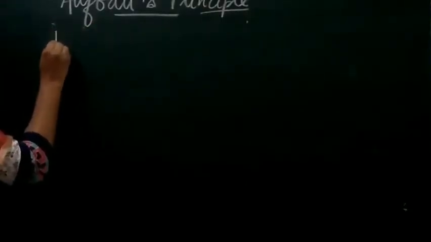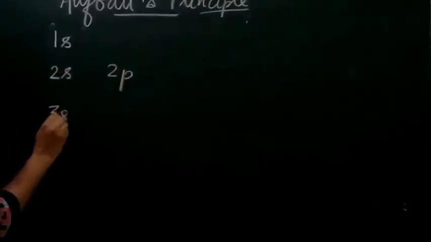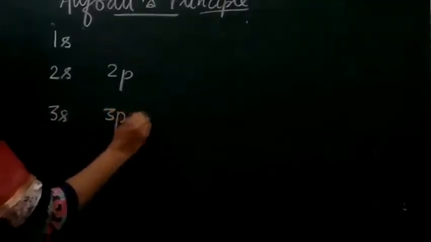So for that, we are just going to write down first the orbitals which will be available for shell number 1. So this is 1s, first shell will have 1s, second shell has 2s, 2p, third shell will have 3s, 3p, 3d.